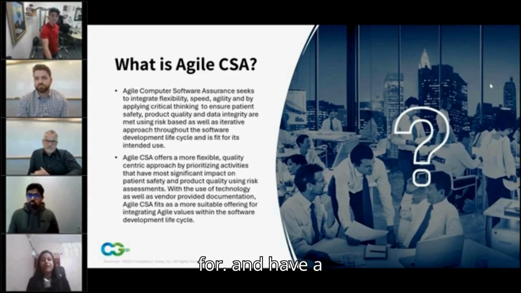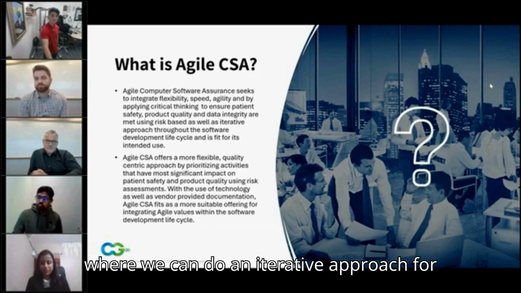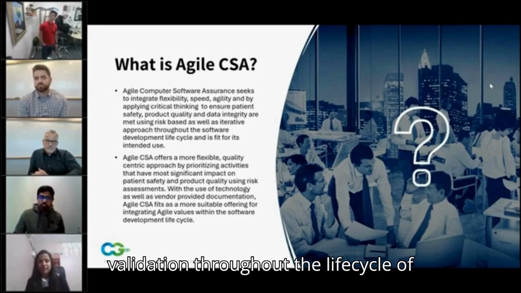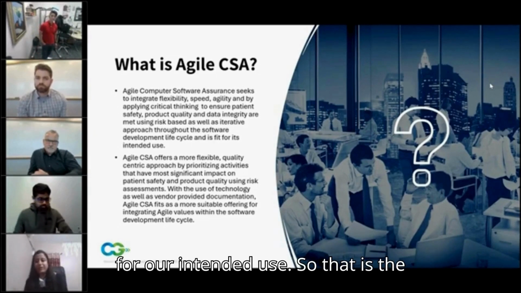and have a synergized approach between these two, where we can do an iterative approach for the design, build, test, including validation throughout the life cycle of the system, and make sure that it is fit for our intended use.